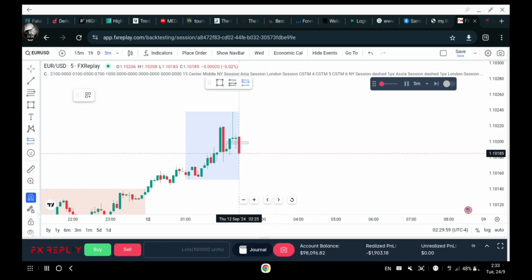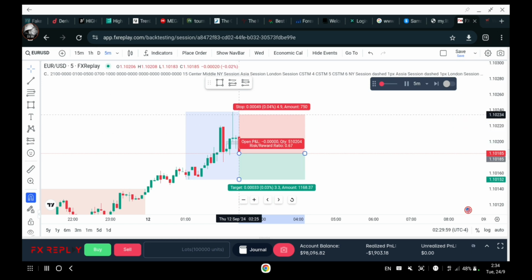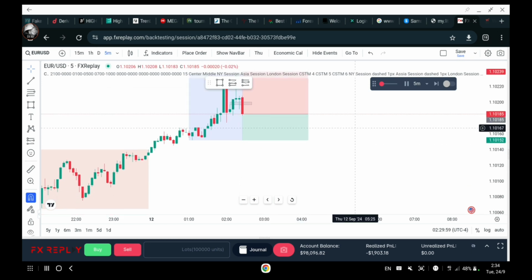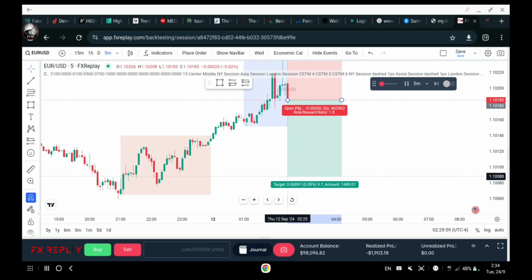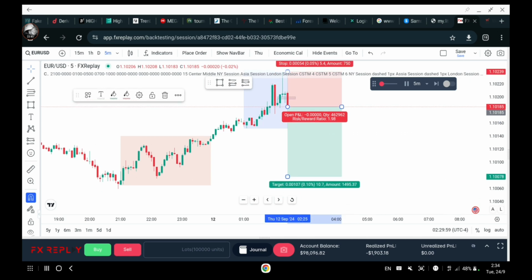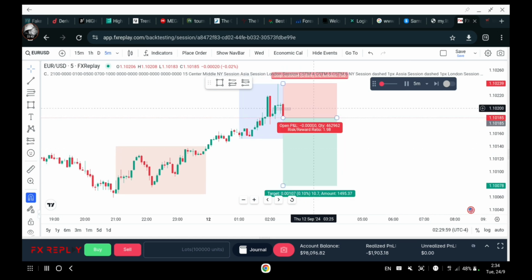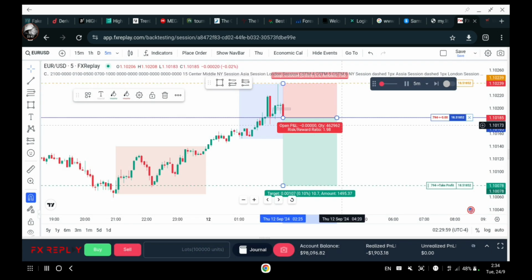Enter your short position, stop loss at the high, and you target 1 to 2. And you execute the position. Let's see how it goes.